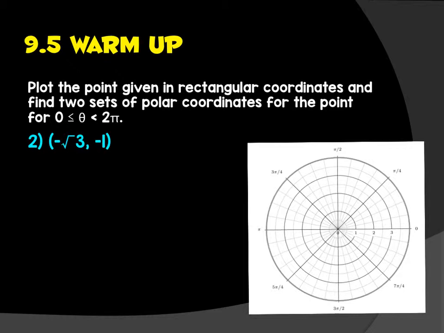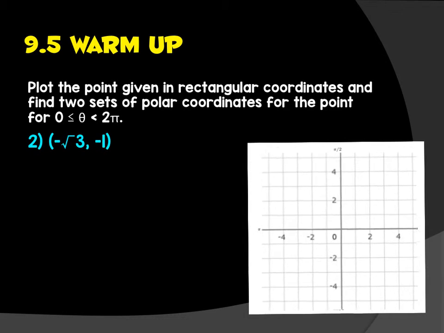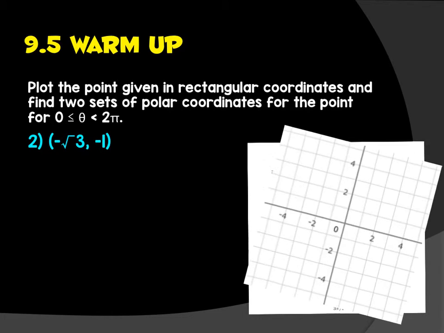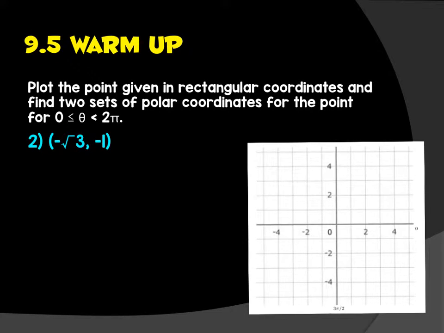So the first thing you would do is, if I was on a rectangular coordinate grid, let me double that on top of this. So when I plot that, it would be negative square root 3 and negative 1.